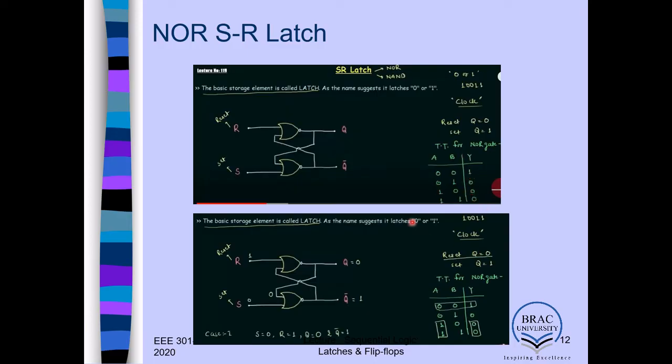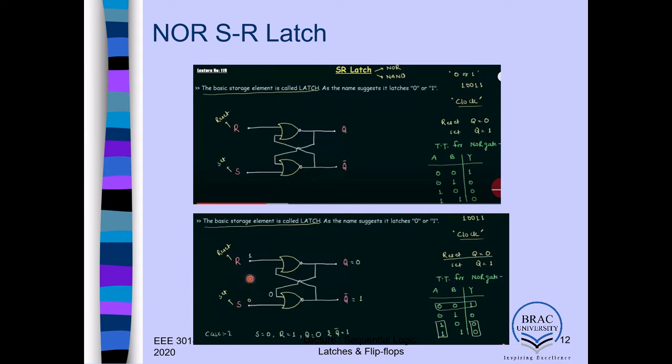If we consider that, just look at this circuit here. Case 1, say we put S equals 0, R equals 1. So this is 0 and 1.